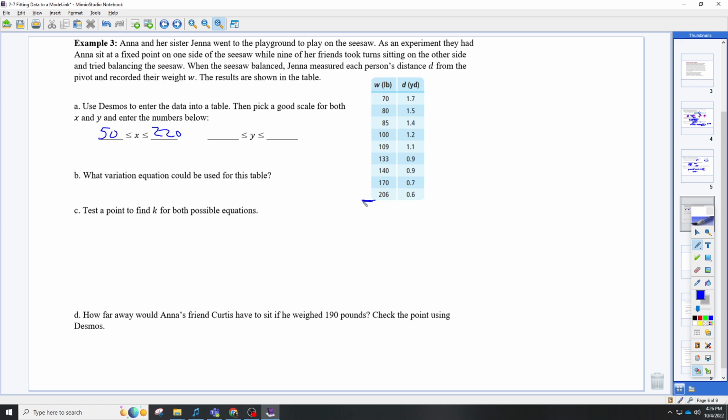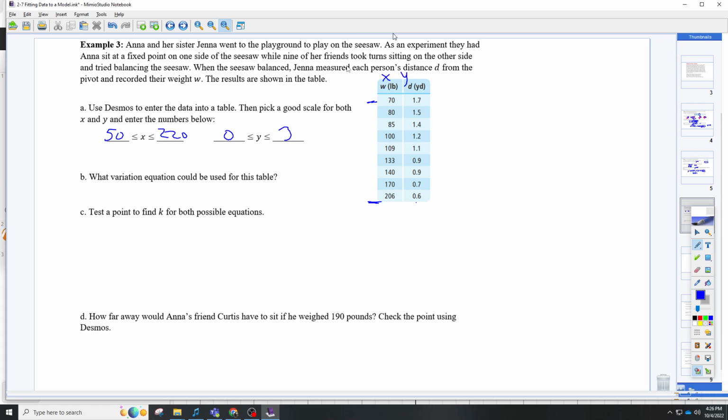I'm just picking values on each side of this number. We should probably label this as X and then Y. The Y value, the lowest it goes down to is 0.6, so maybe I'll start at 0. And then the highest it goes up to is 1.7, so maybe I'll go up to 3.